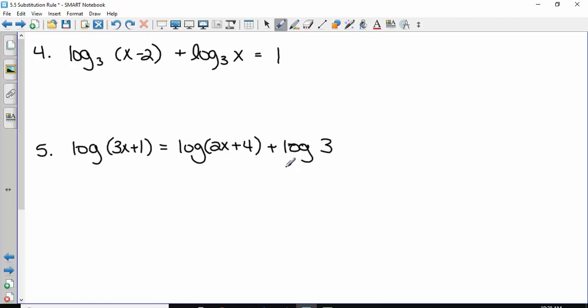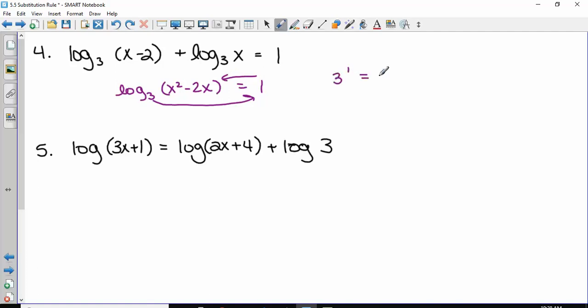So what would I do on the first one here? We always have to start by condensing. If these logs are added, when you put them together, you multiply. So x times x minus 2, so x squared minus 2x equals 1. Then if the log is only on one side, change to exponential.